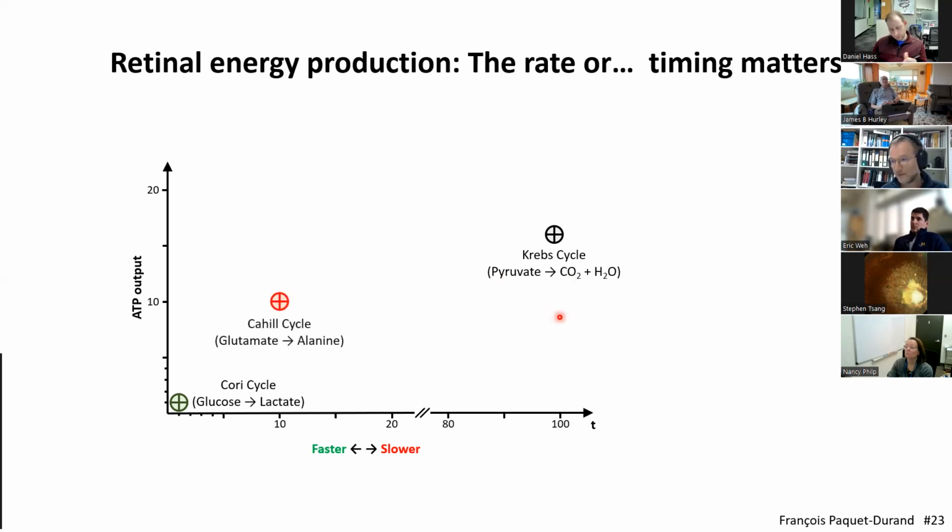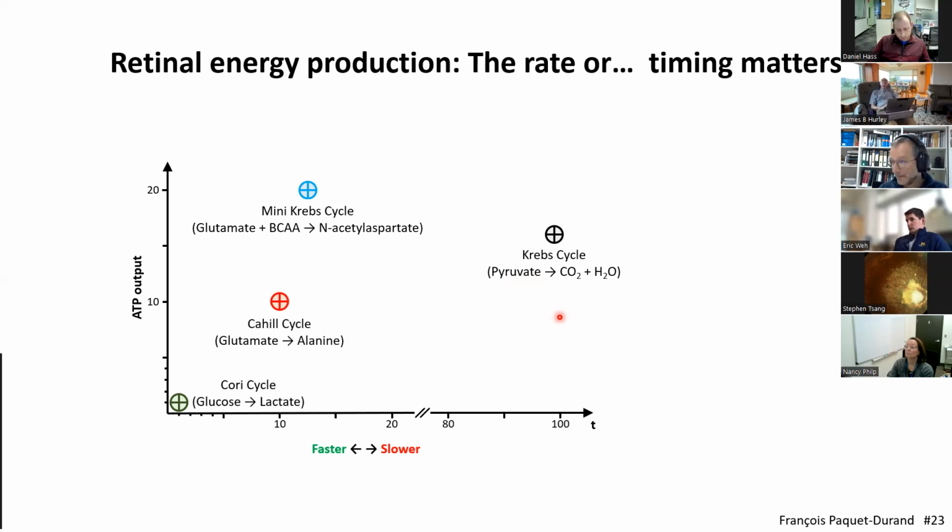The Cahill cycle is much faster because it doesn't have the rate limiting steps of the full Krebs cycle, and it generates more ATP per time. And the mini-Krebs cycle running on glutamate and branched chain amino acids may produce even more ATP per time, even more than the Cori cycle.